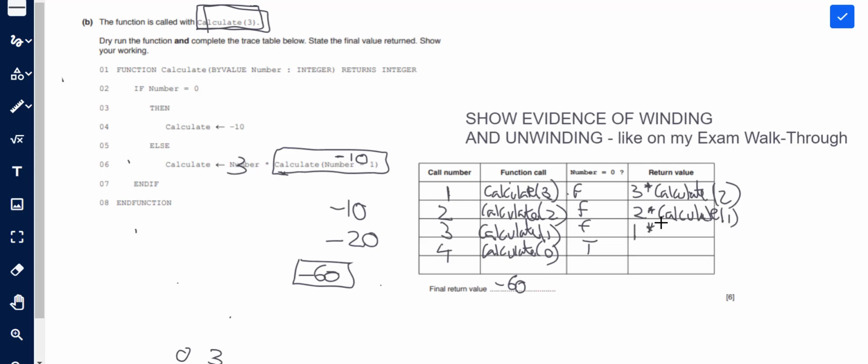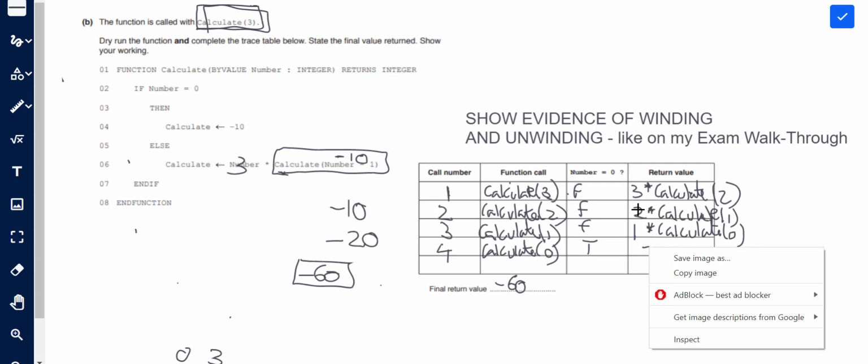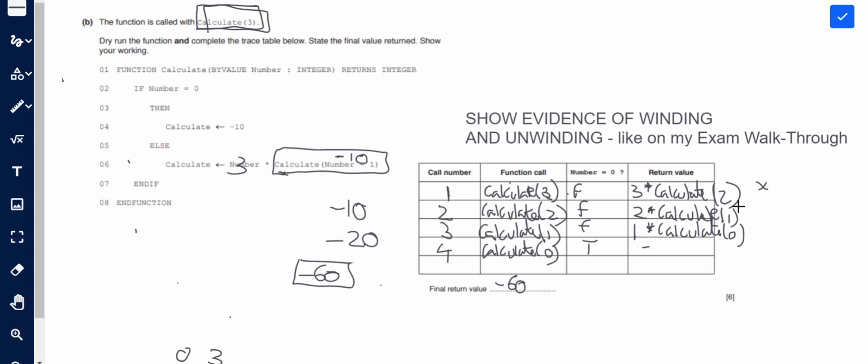Then we'll have 1 multiplied by calculate the 0. So we're going to have 3 multiplied by 2 multiplied by 1 which then multiplied by minus 10, which gives us minus 60. Sorry, I'm an idiot. Minus 10.